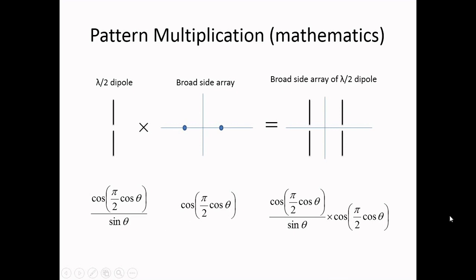When you multiply these two, you will get an expression something like this. If we again use MATLAB or Scilab kind of a tool, we can draw the polar plot of this expression. So the principle of pattern multiplication tells us exactly that the resultant radiation pattern is the multiplication of an actual antenna's radiation pattern and the radiation pattern of an array.